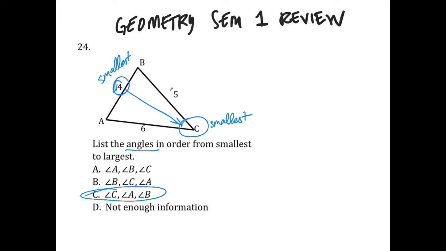I know that 5 would be the second smallest side, so the angle across from that, angle A, would be the second smallest angle. And then 6 is the biggest side, so therefore angle B would be the big angle. So C is the best.